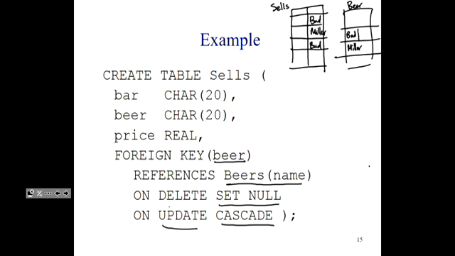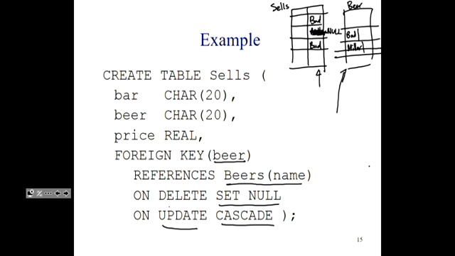Okay? So this says on delete set null. So let's say I go ahead and have a statement on beers, and I say delete the tuple where beer is equal to Miller. If that happens, then the database system would go to this relation and change this value of Miller to null.